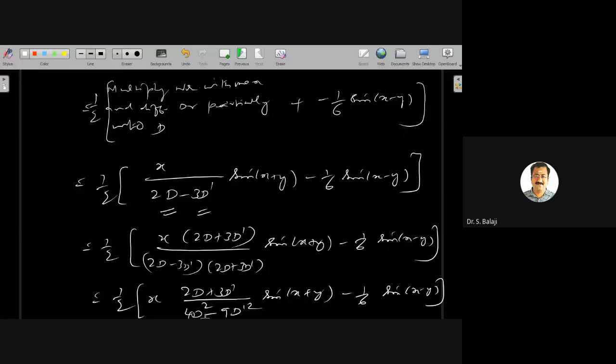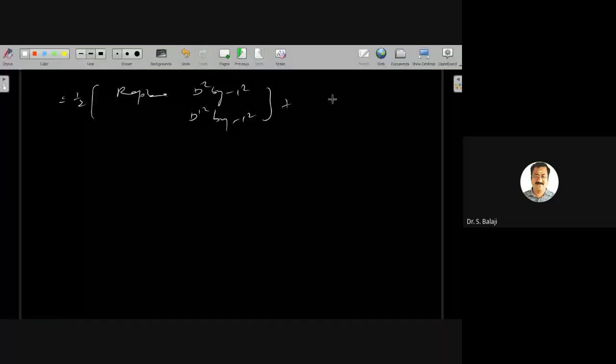Now you see the d square, d dash square form: replace d square by minus 1 square, and d dash square again by minus 1 square. Again the same thing: 1 by 2 of, you take x outside here.